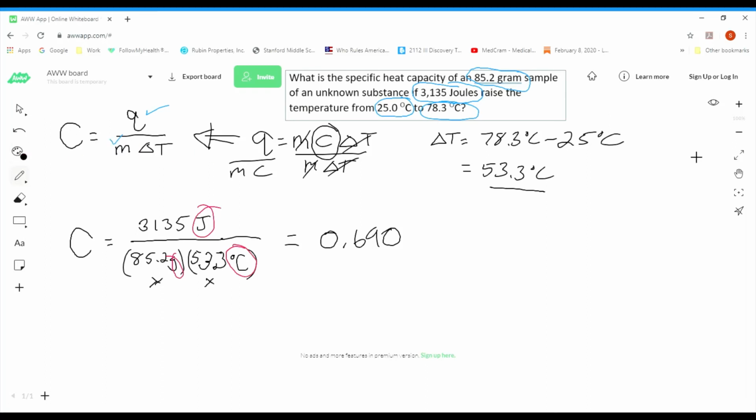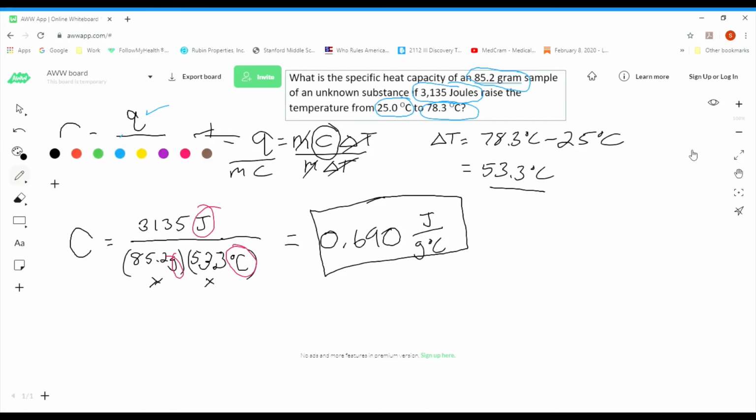So the units for my answer are joules per gram degrees Celsius. Whenever you see the specific heat capacity of something, those are the units. They don't always have to be joules per gram degrees Celsius. Sometimes they're joules per kilogram degrees Celsius, some type of mass. And sometimes it can be Kelvin. Degrees Celsius and Kelvin could be the same here because we're talking about differences in them. So that would be another set of units you can use.